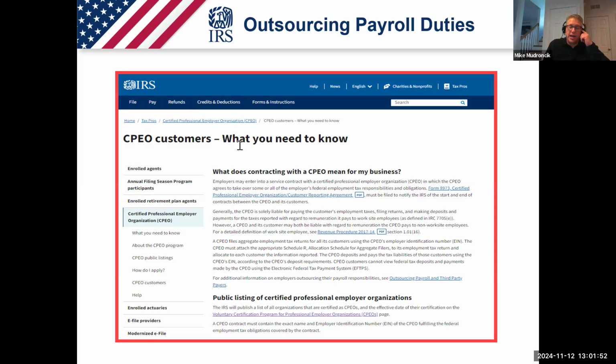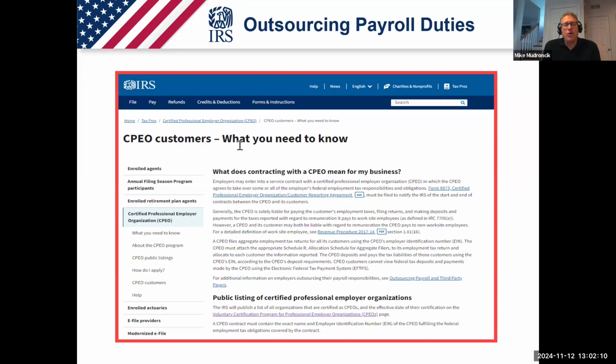Specifically, there is the option, the certified payroll employer organization. That's a little bit different than the other three, and there is more specific information on that CPEO option for you.